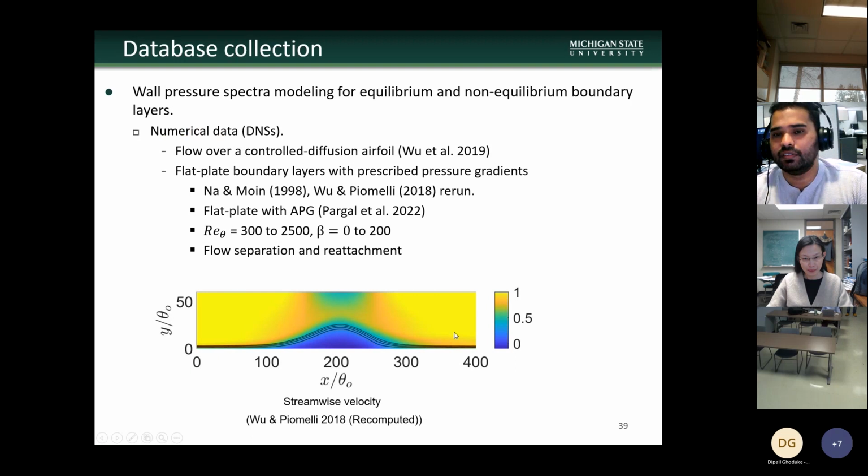By doing that, we cover a Reynolds number range going from 300 to 2500, which is basically the highest we have seen in the literature for wall pressure statistics, and a Clauser parameter going from 0 to 200. We also include different flow scenarios such as flow separation and reattachment, as shown.